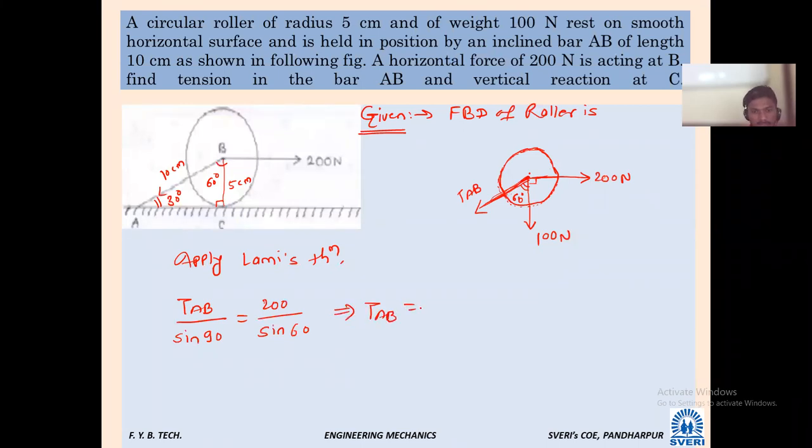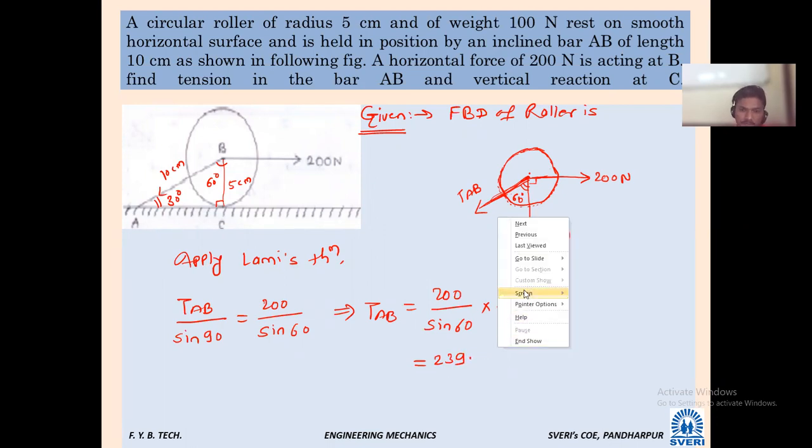So this will be 200 divided by sin 60 into sin 90. Just check how much it is coming. 230.94.